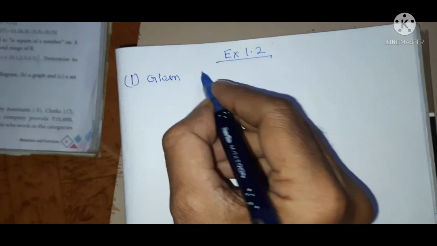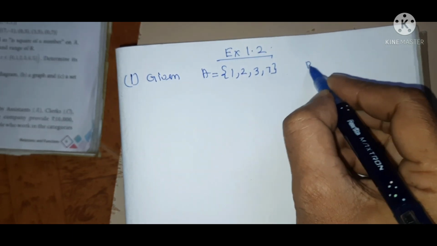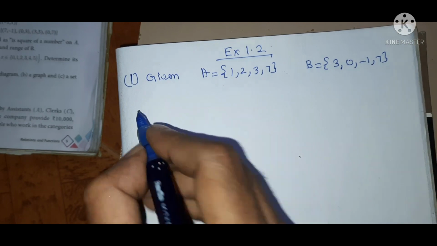Given A is {1, 2, 3, 7}. B is {3, 0, -1, 7}.